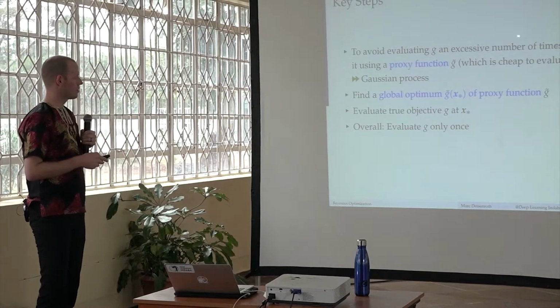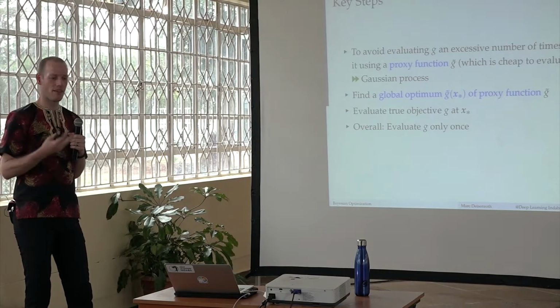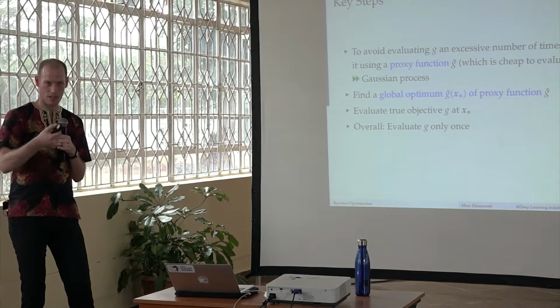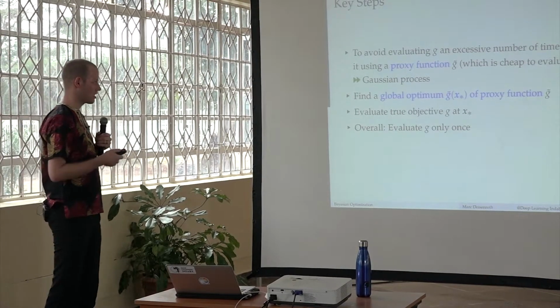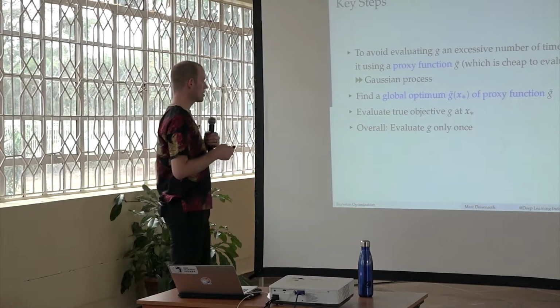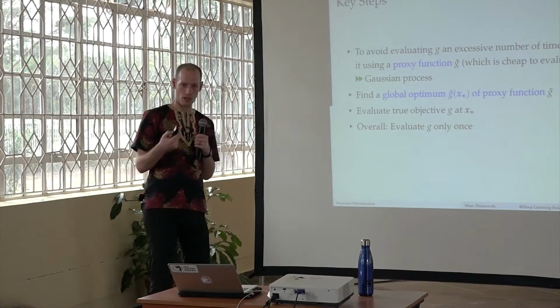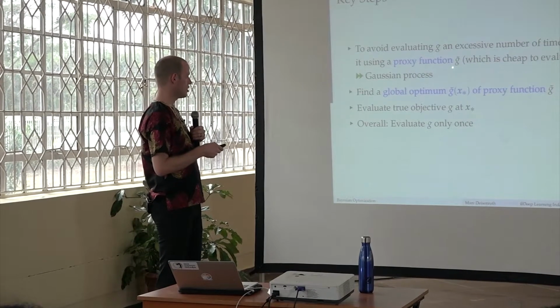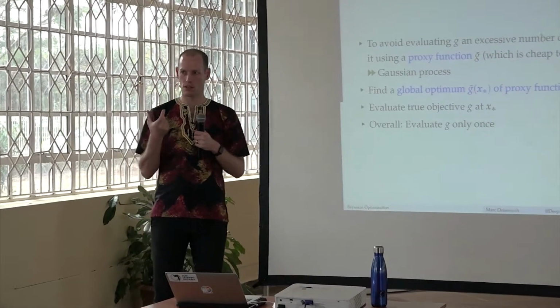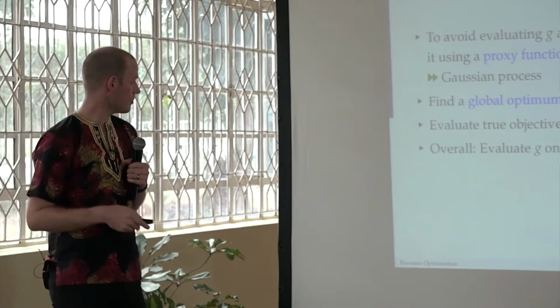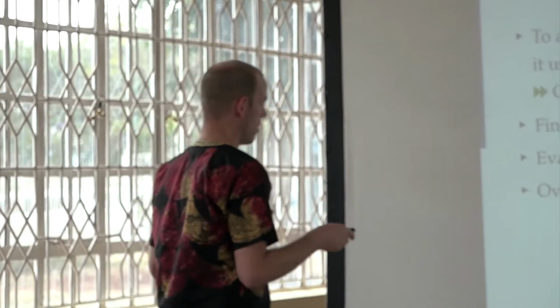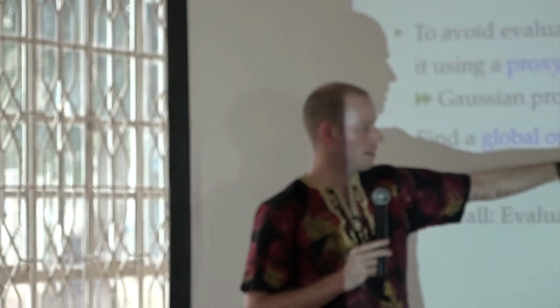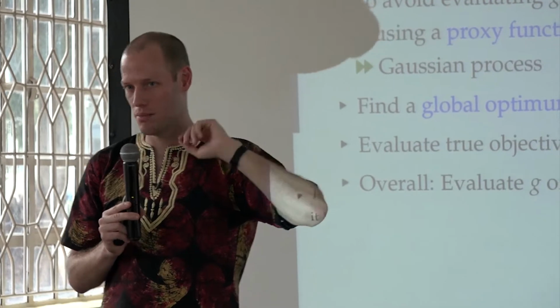So, to avoid evaluating this expensive function an excessive number of times, we use an approximation or a proxy to this function. We're going to call this g tilde, and this g tilde is going to be a Gaussian process. Now, ideally, we find a global optimum of g tilde, and then hope that g tilde is similar to g, and then you are back in business.